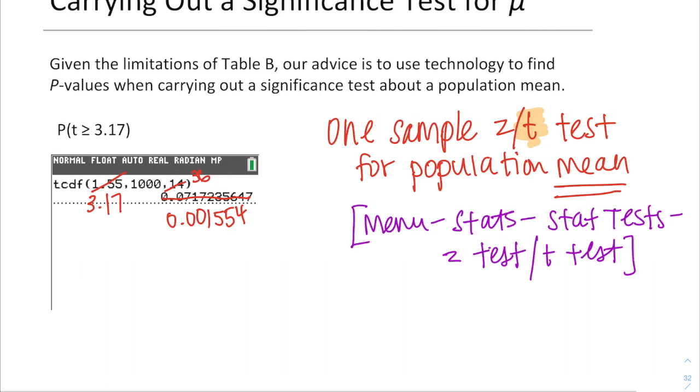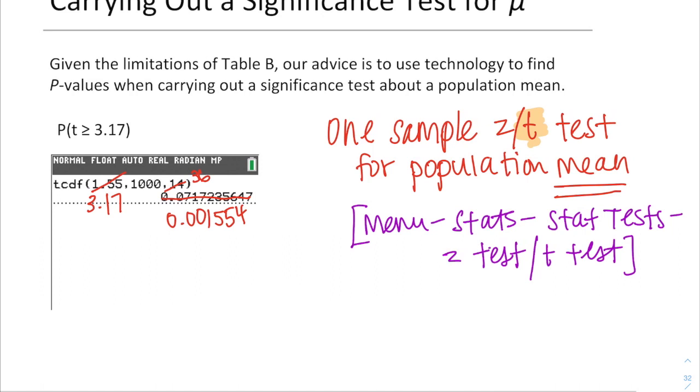To use that test on your calculator, you go to Menu, Stats, Stat Test, and you go to Z or T test. It's one of the very first options. It does not say for means like the proportion one did. I think Z test is the first option, T test is the second option. So you're going to do your T test, and you can put in the statistics or the data. Again, you've gone through that before.